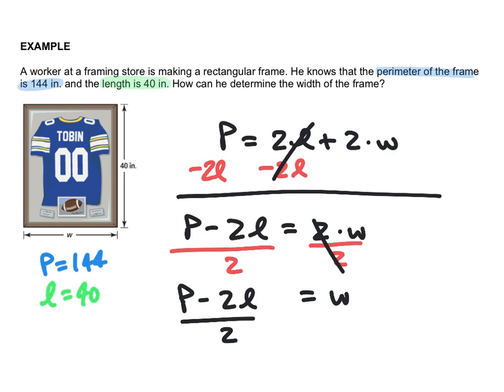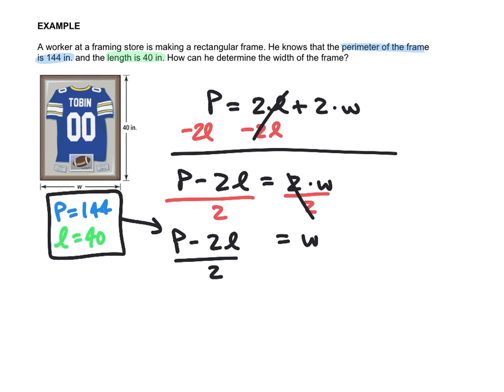Now, I can plug these values in and substitute them into our new formula for W and figure out what our width is. So I'm going to write 144 minus 2 times 40, and then divide all of that by 2, and that's going to give you W.